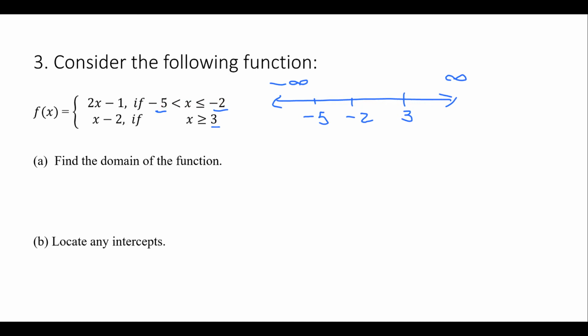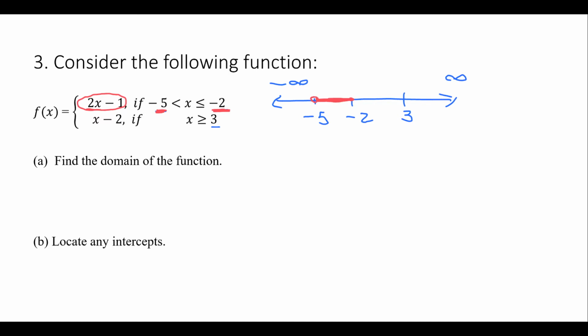So let me highlight it with a different color. This definition here belongs to what interval? Between negative 5 and negative 2. But notice that negative 5 is not included, so there's an open circle at negative 5.